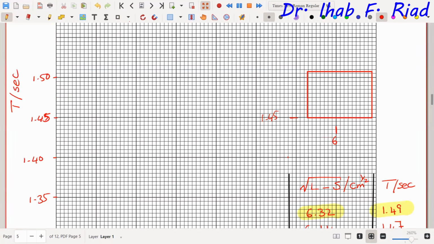So for the x-axis, we would like to have 6.32. So how do we do that?